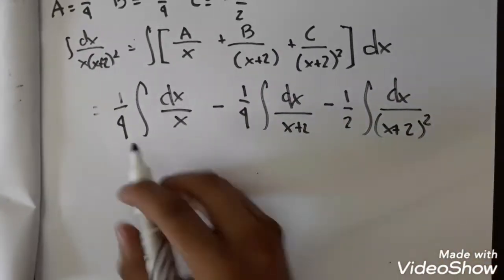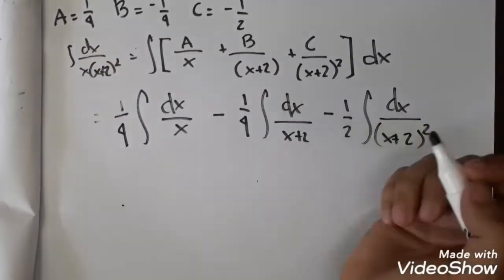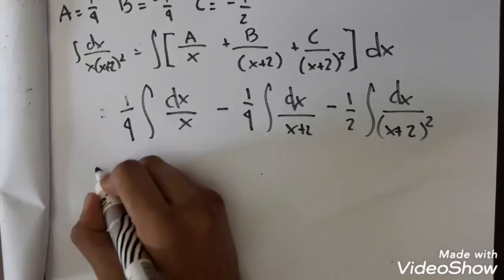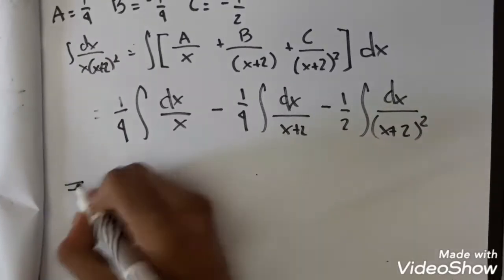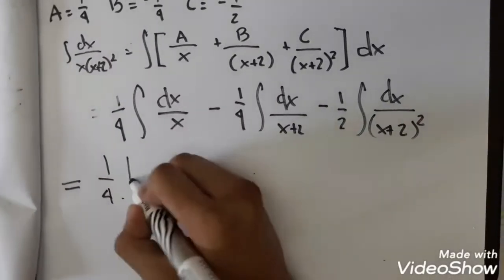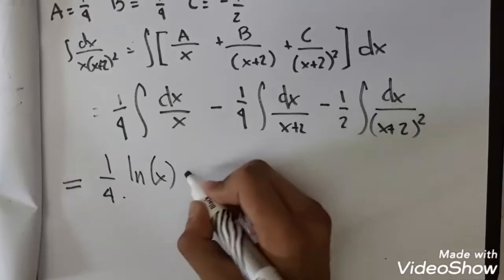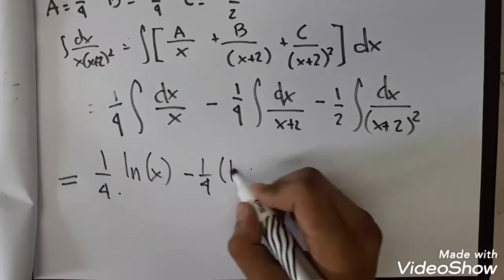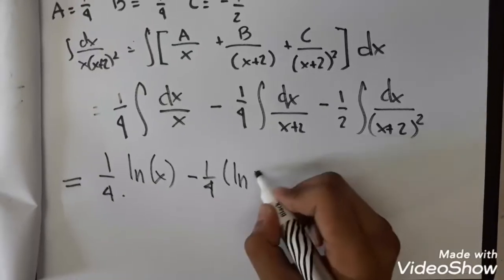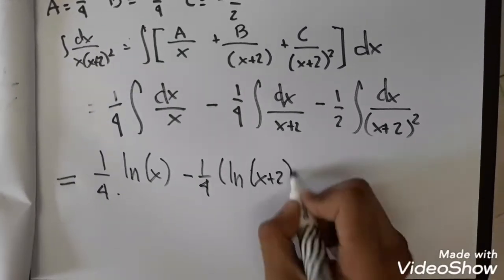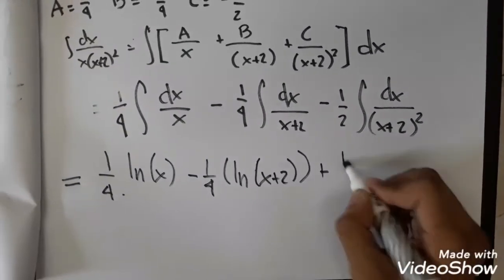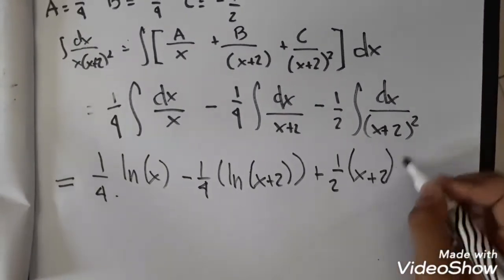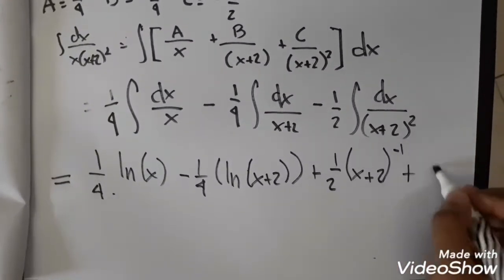Now with this, we can already integrate it directly, which will give us an answer of 1/4 ln|x| minus 1/4 ln|x plus 2| plus 1/2 (x plus 2) to the power of -1 plus c.